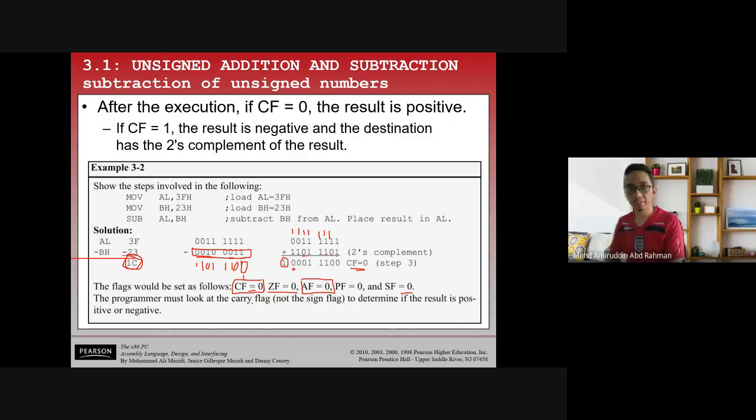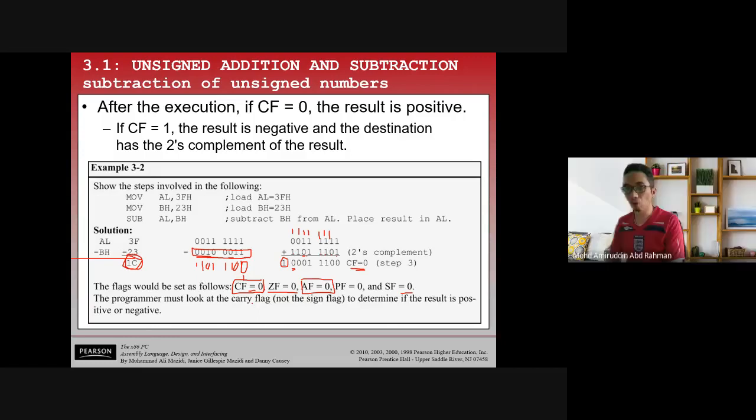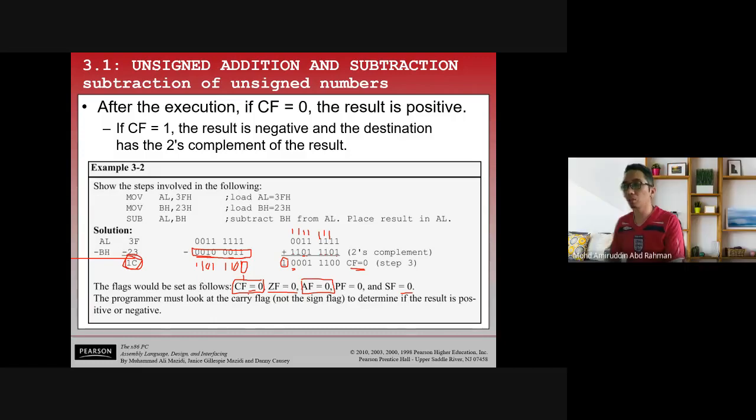Doctor? Yes? AF actually should be 0 or 1 if we do not use the 2's complement. For addition? Yes, for addition. If the result for D3 and D4 is 1, 1, then CF will be 1 for the addition.